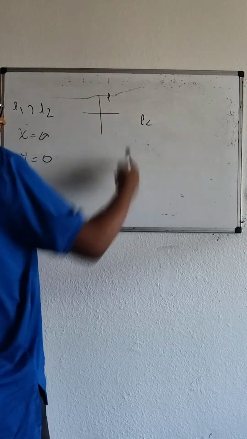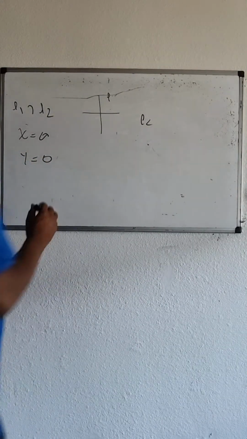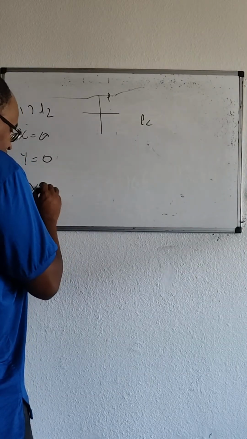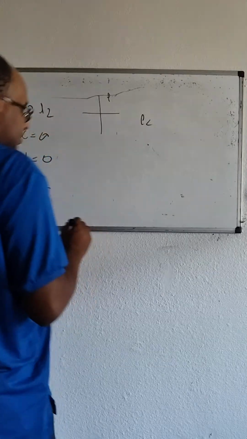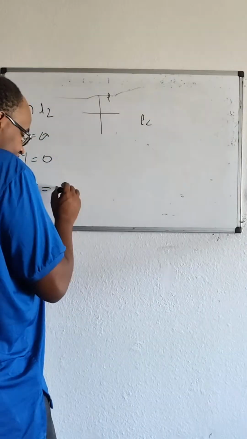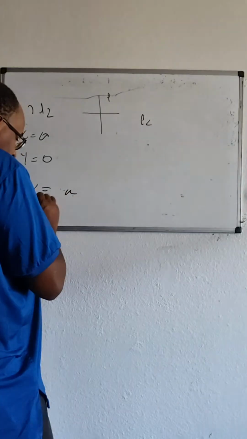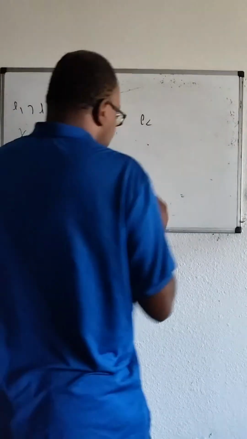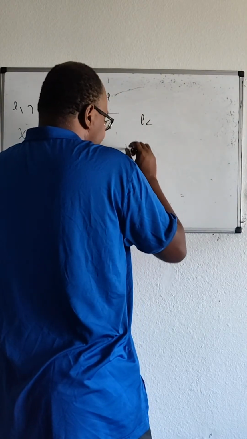X equals 0, y equals 0, right? Or for any case, so you're going to have x equals a, and you have y equals b. Okay, so we'll just shift this out in space.